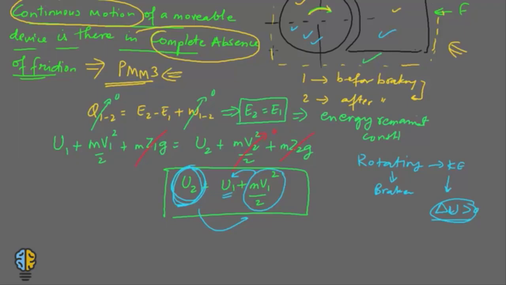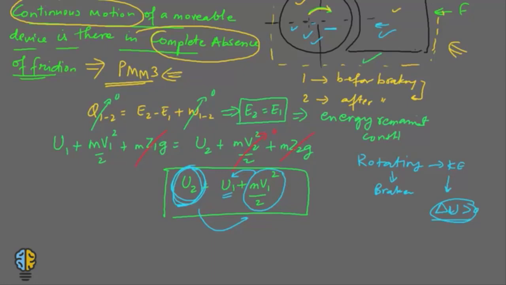You can apply brakes and stop the flywheel from rotating, but if you put the energy back into the brake, you cannot make the flywheel start rotating again. So this is a directional preference that we talked about in the introduction to the second law, right?